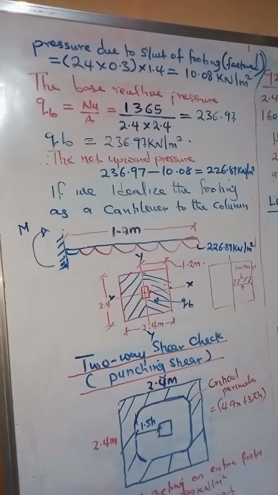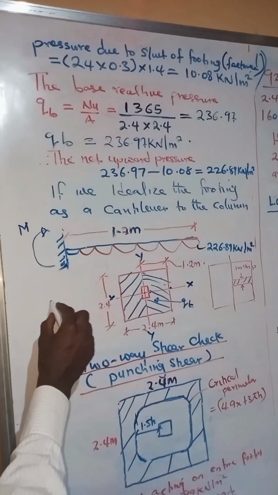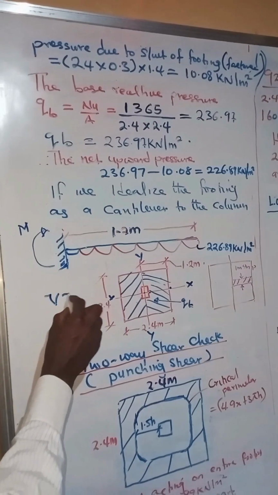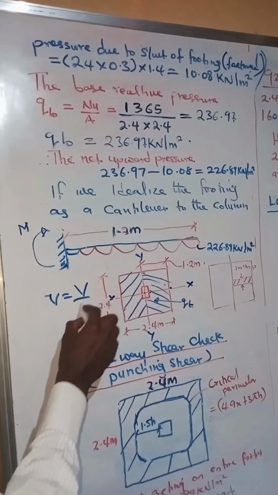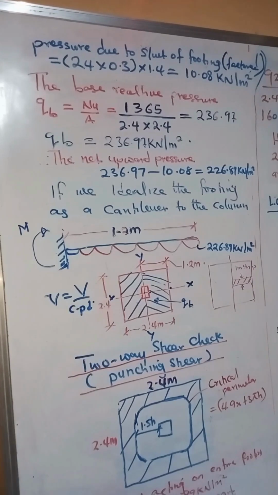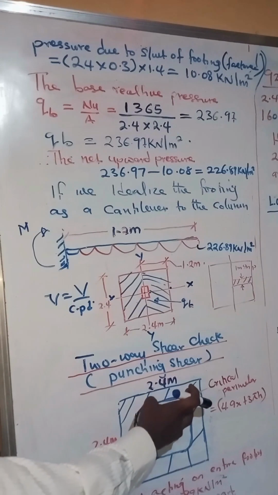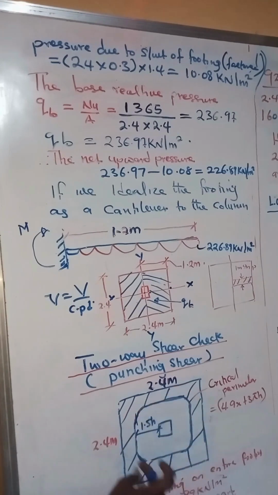Now, for us to calculate punching shear, we know that the punching shear stress is V over our critical perimeter times effective depth. The V in this case represents the value for the shear outside the critical perimeter, which is the value for the force acting on this shaded area.